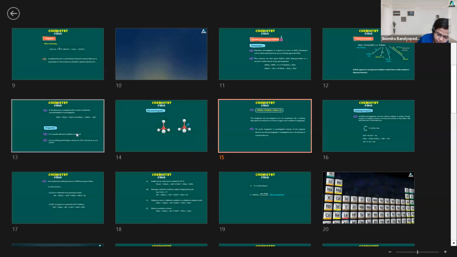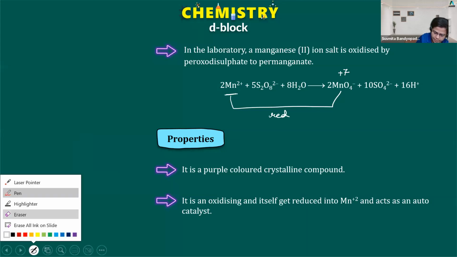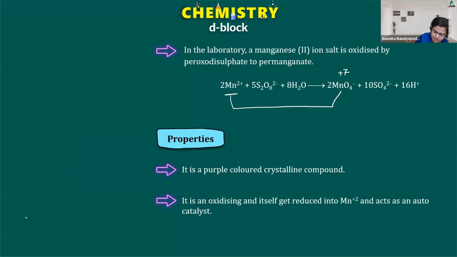Anyways, we'll go back to this. What it's trying to show here is, if I take a plus 2 salt, it gets oxidized to the plus 7 state. Plus 2 to plus 7 is oxidation. So Mn plus 2 gets oxidized to plus 7.